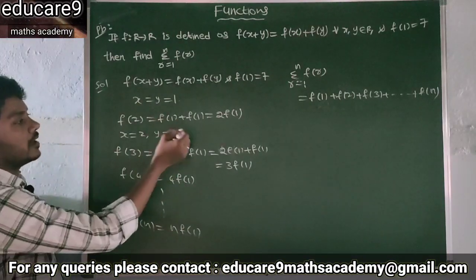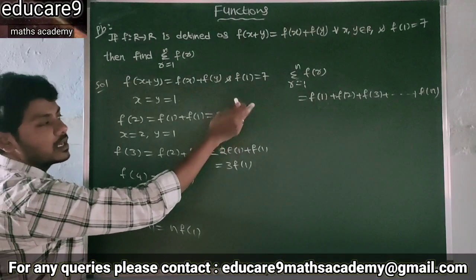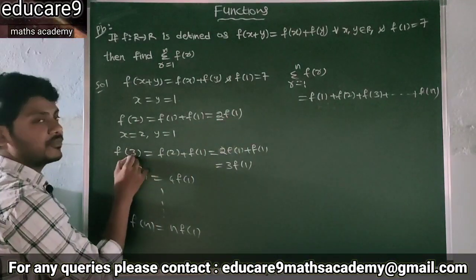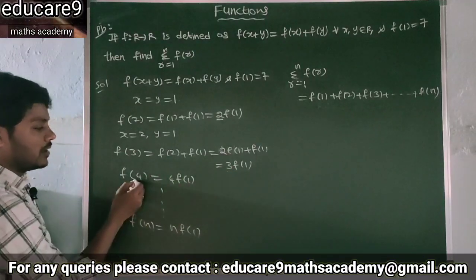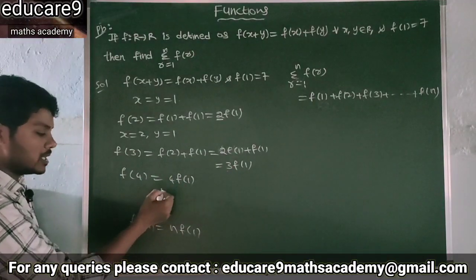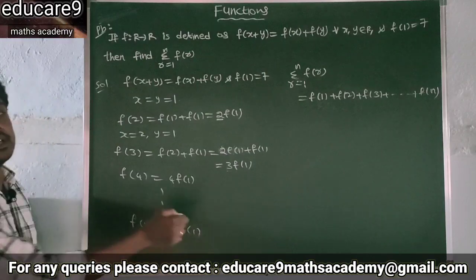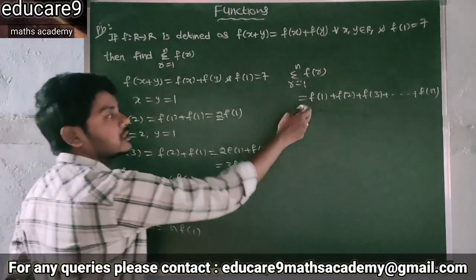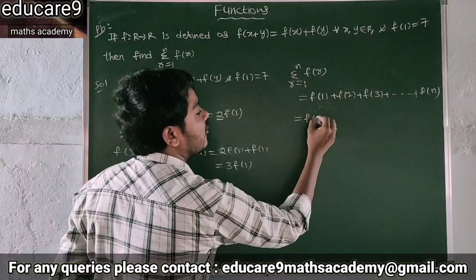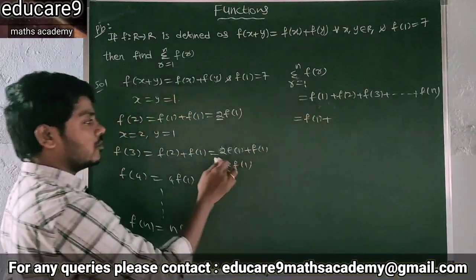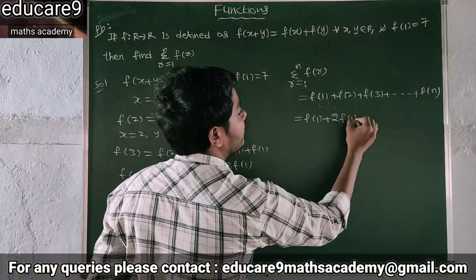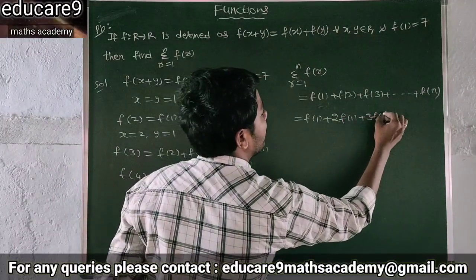See here, f(1) is 7, that is f(1), and f(2) is 2 into f(1), f(3) is 3 into f(1), f(4) is 4 into f(1). Similarly, f(n) also n into f(1). Now substitute these values in this. This is f(1). What is f(2)? 2 f(1). f(3), 3 f(1).